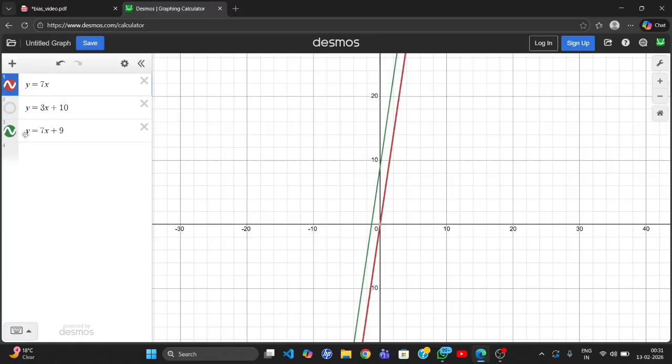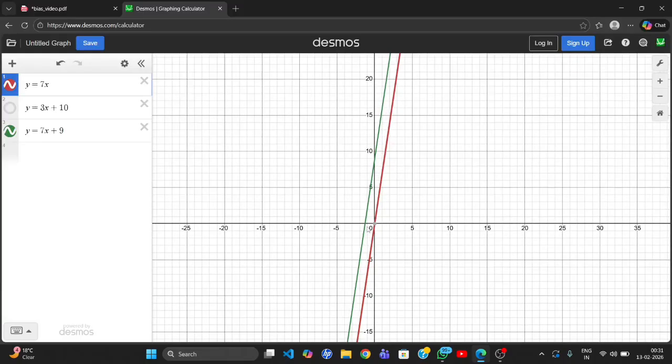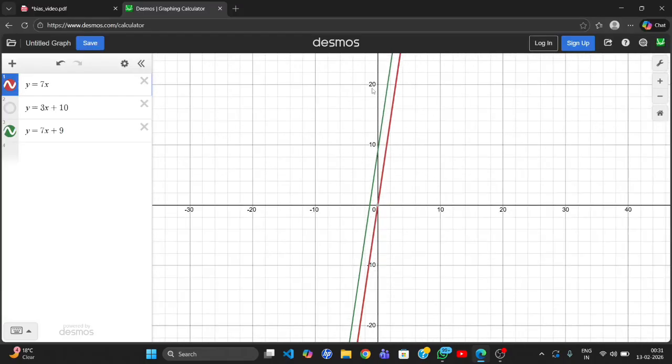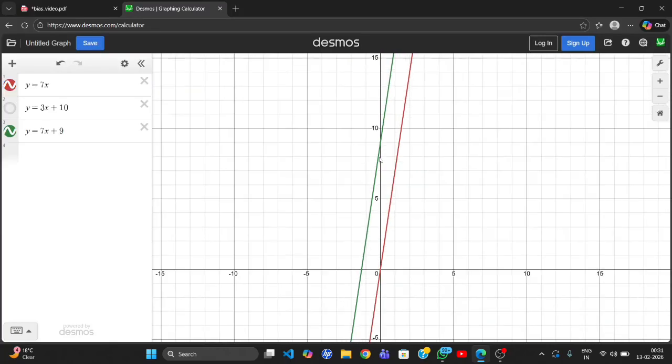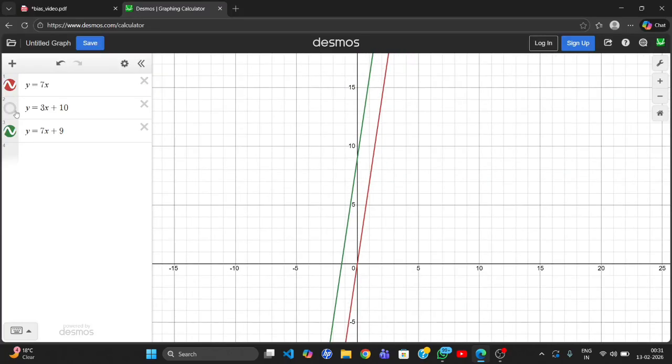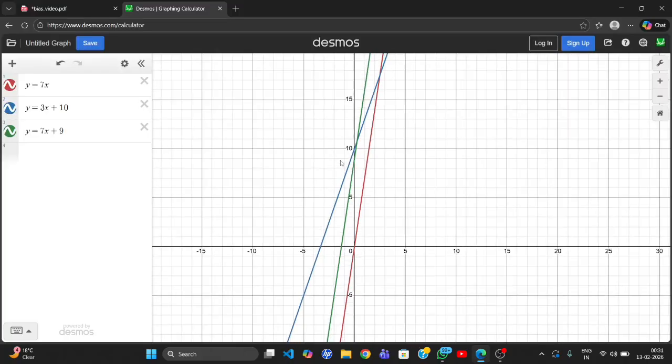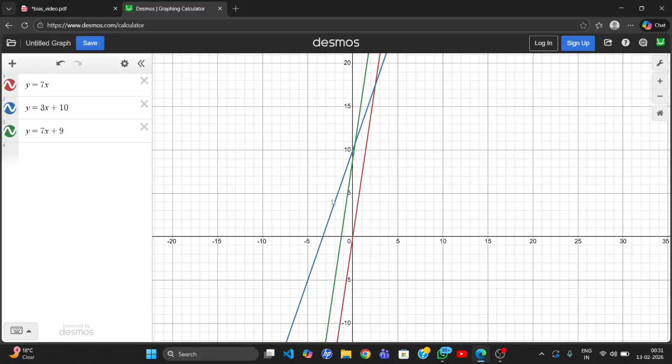Let's see what happens. You can see the orientation of the line is the same, but a shift happened. You can clearly see that shift. So what is bias doing? Bias is responsible for the shift happening in the 2D plot.